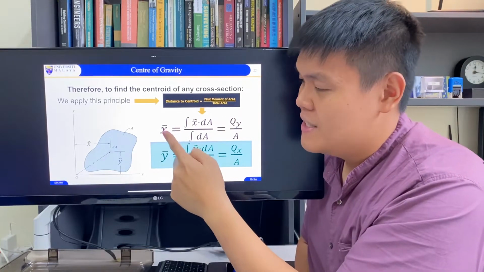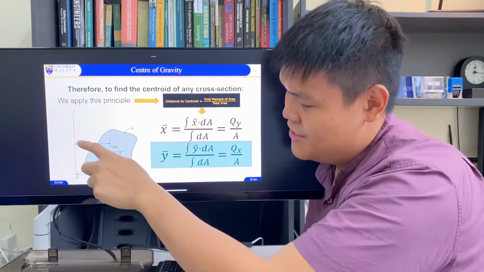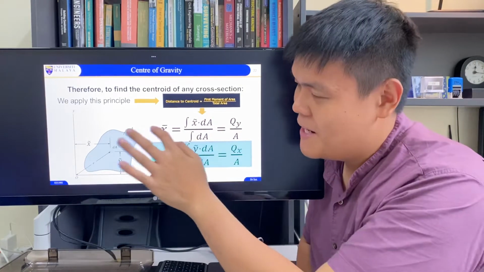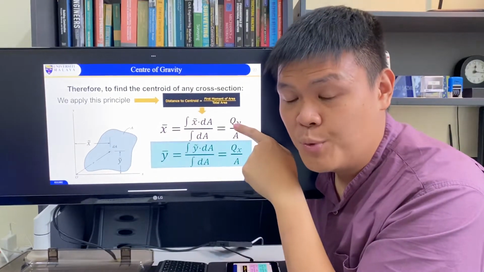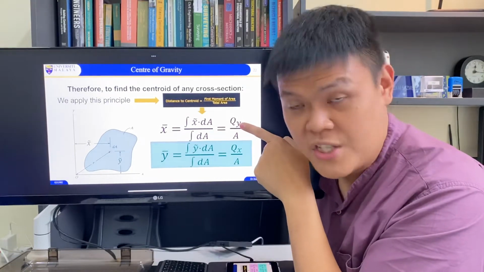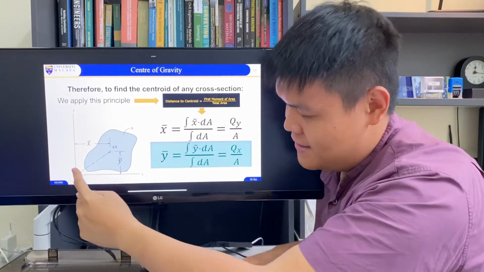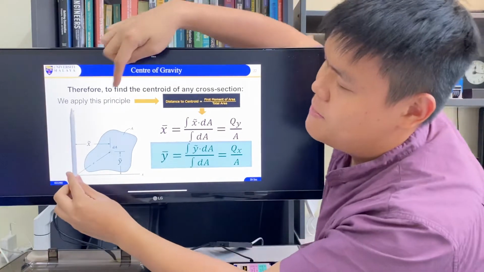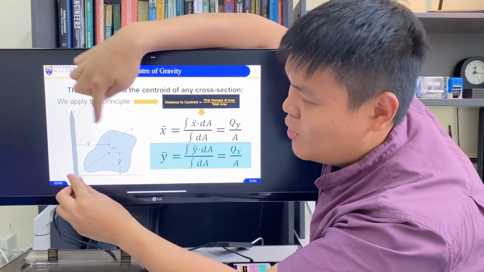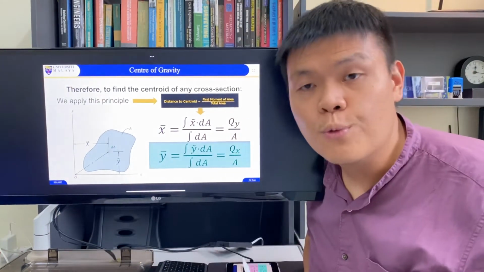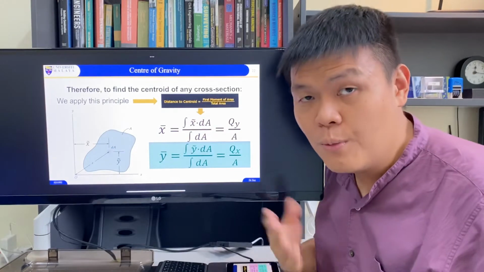X bar gives us this direction, which is when we multiply by A, we get the first moment of area with respect to which axis? The y-axis. So we have the y-axis here, and the distance between the y-axis and the blob is x. So that's why we use x bar for Qy, and the same goes for y bar.